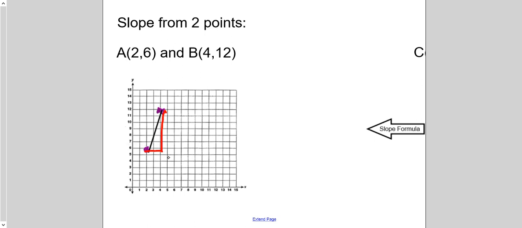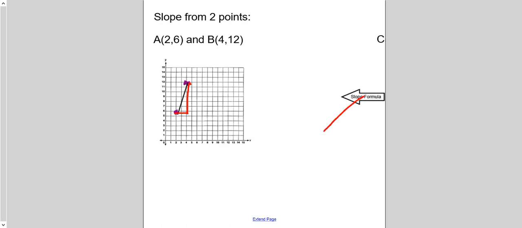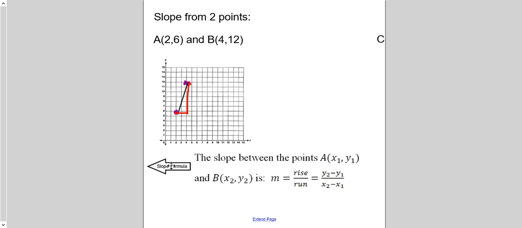And this is a really long process to have to plot points, graph them, draw your line, draw your triangle. And so today I want to show you the formula that we can use instead in order to figure out what our slope is without having to do all that graphing.